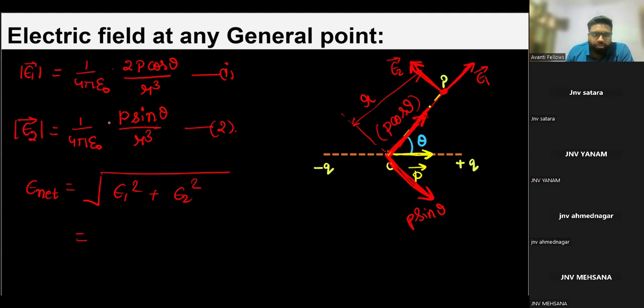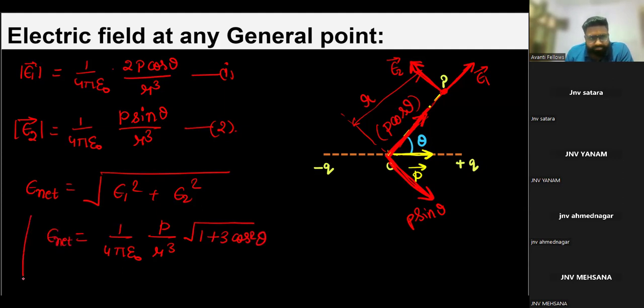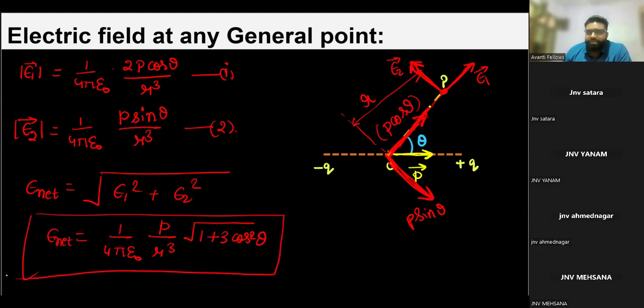And when you solve it by putting these values, you will get 1 upon 4 pi epsilon naught, P upon r cube into square root of 1 plus 3 cos square theta. This is the E net magnitude.